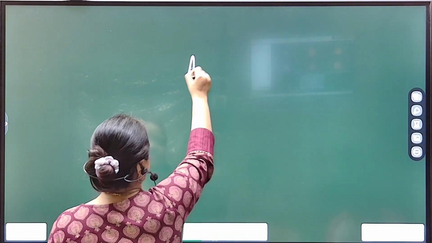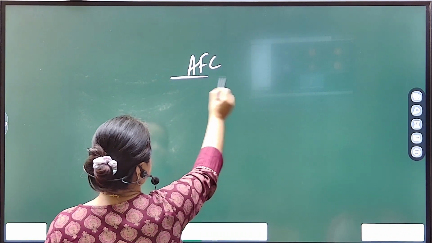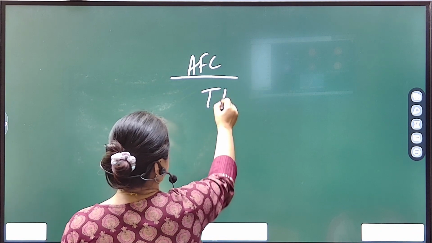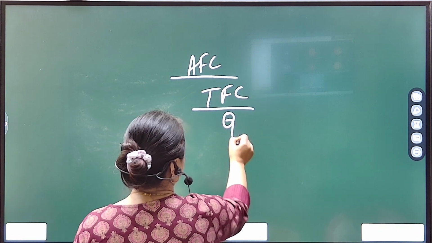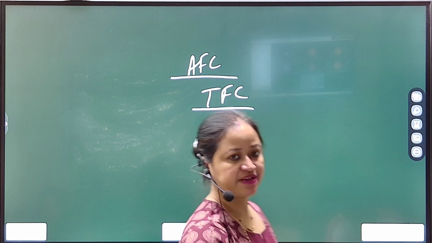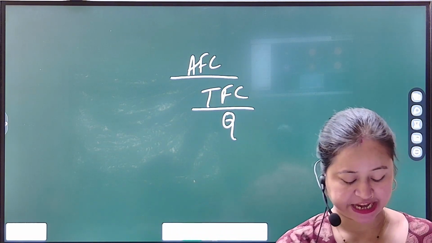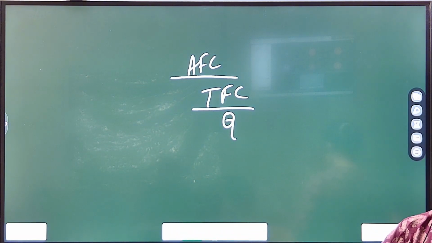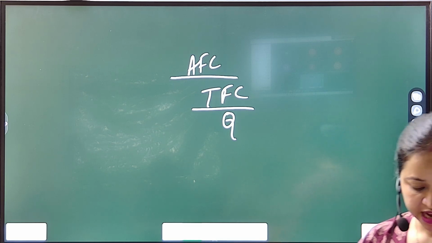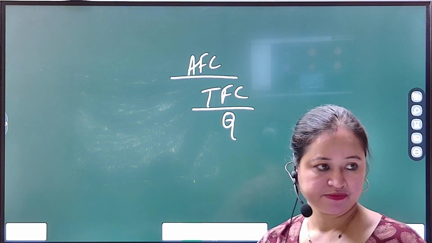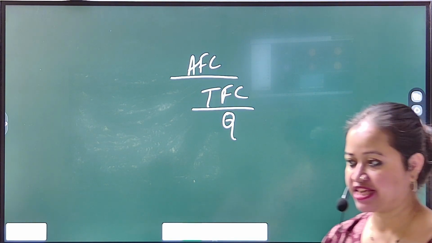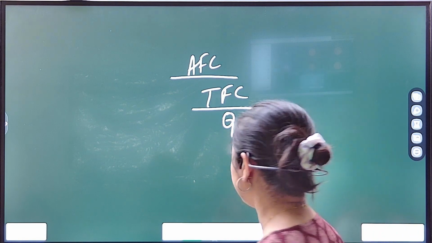Now next is AFC. The formula of AFC is TFC divided by Q. AFC is equal to TFC divided by Q. So here the AFC curve slopes downward from left to right and it is a rectangular hyperbola. You underline that or you can write that. It is a rectangular hyperbola.